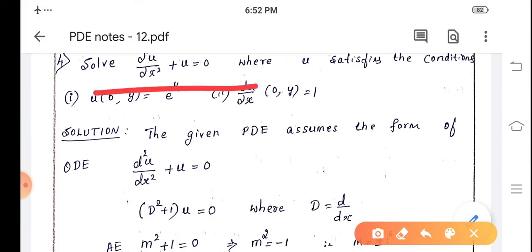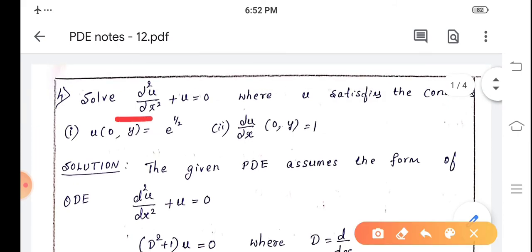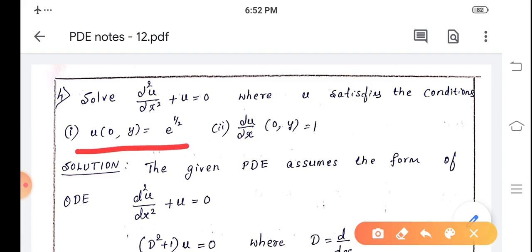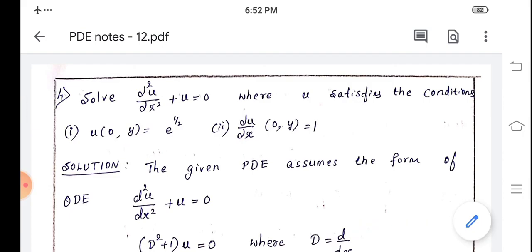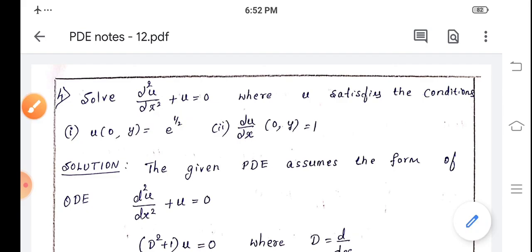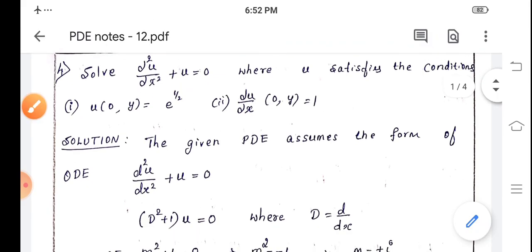Question number 4. Solve ∂²u/∂x² + u = 0, where u satisfies the conditions u(0, y) = e^(1/2) and ∂u/∂x(0, y) = 1. The given partial differential equation is ∂²u/∂x² + u = 0.